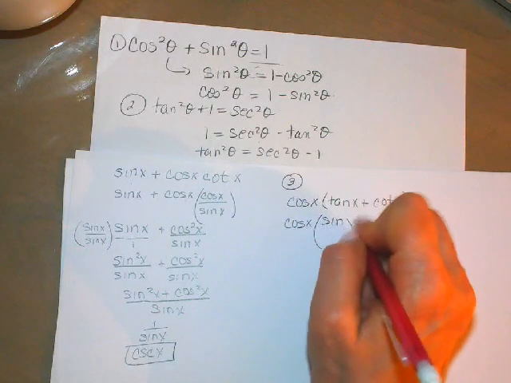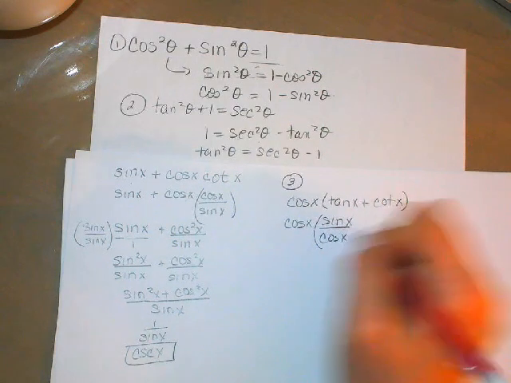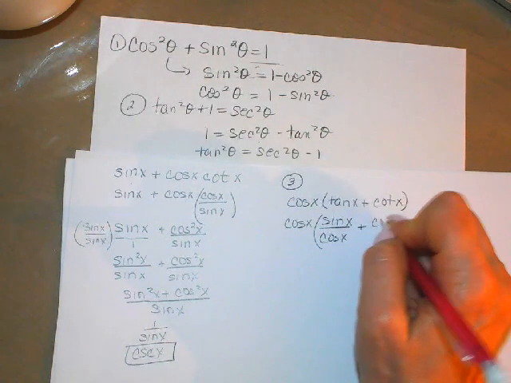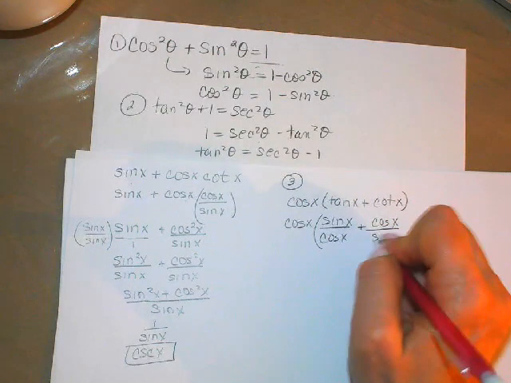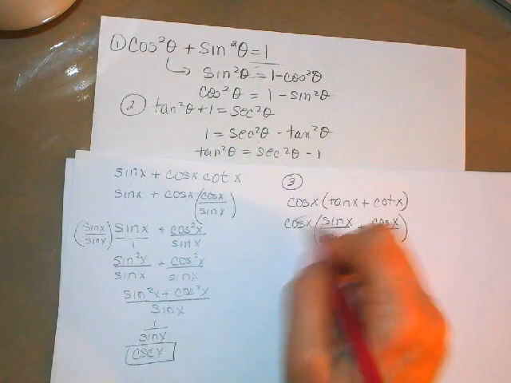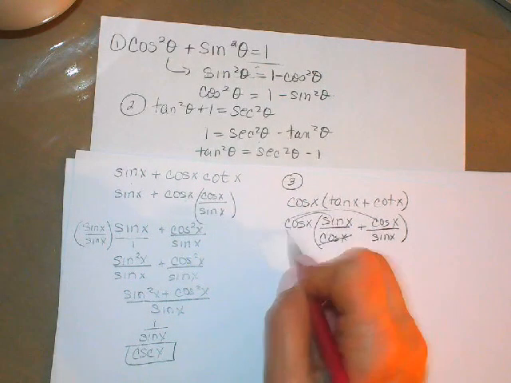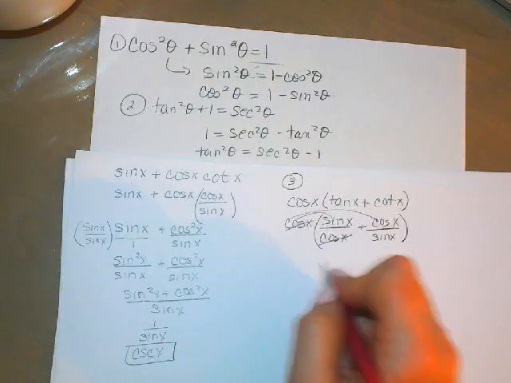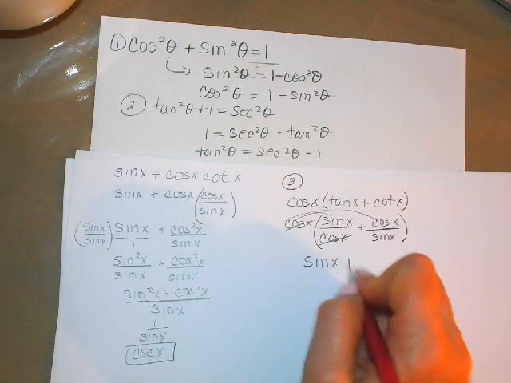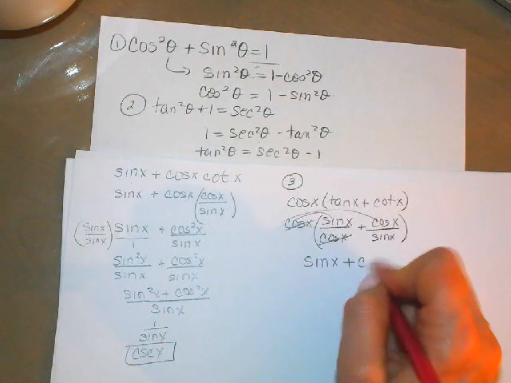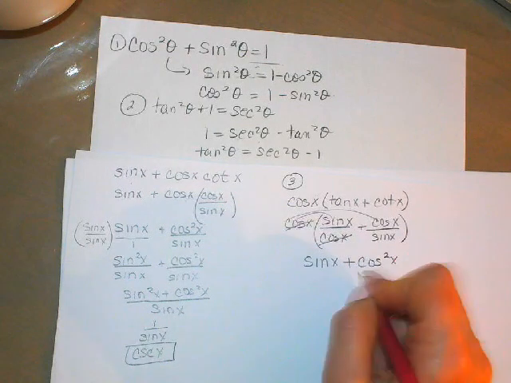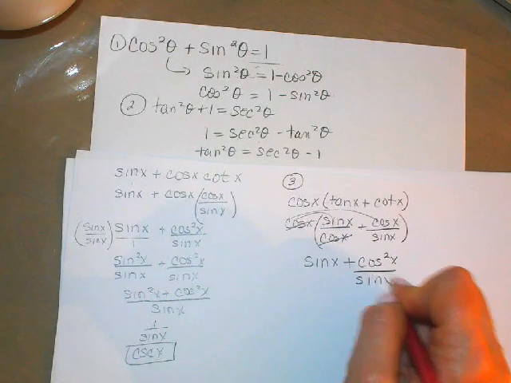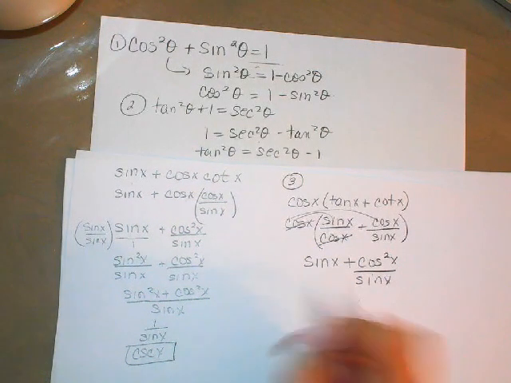Let's do it that way. This is sine x over cosine x plus this is cosine x over sine x. When I distribute that, here the cosines cancel out. So I'm left with sine x plus cosine times cosine is cosine squared x over sine x.